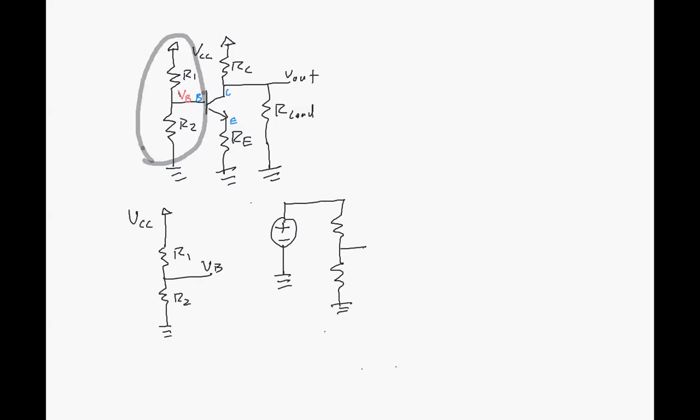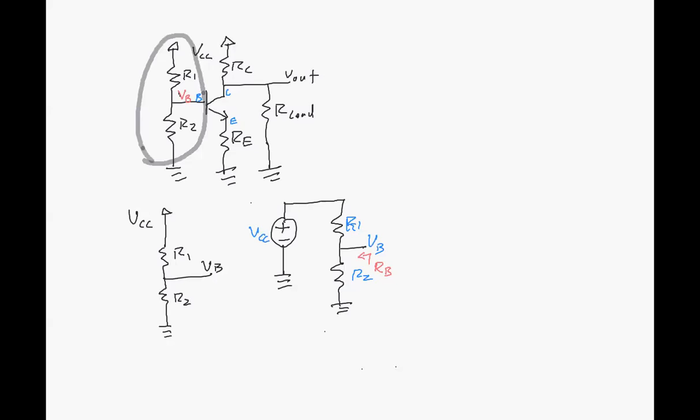So we still have VB, R1, R2, and VCC here. And what we're looking to find is the resistance looking into this terminal, the base terminal, looking into the divider network from the base.